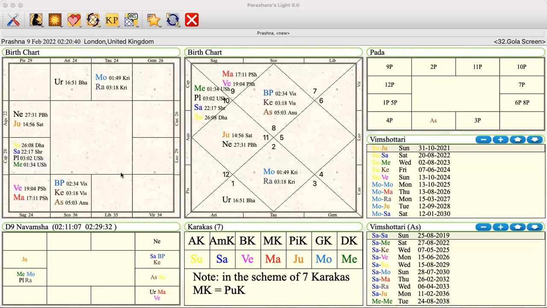Then we have their 12th house, which is Libra. So it just means that they like to spend money on others. However, they're not as charitable as you think, because there's always some form of agenda to their spending. Because obviously it's a secret house. There's something hidden about it.